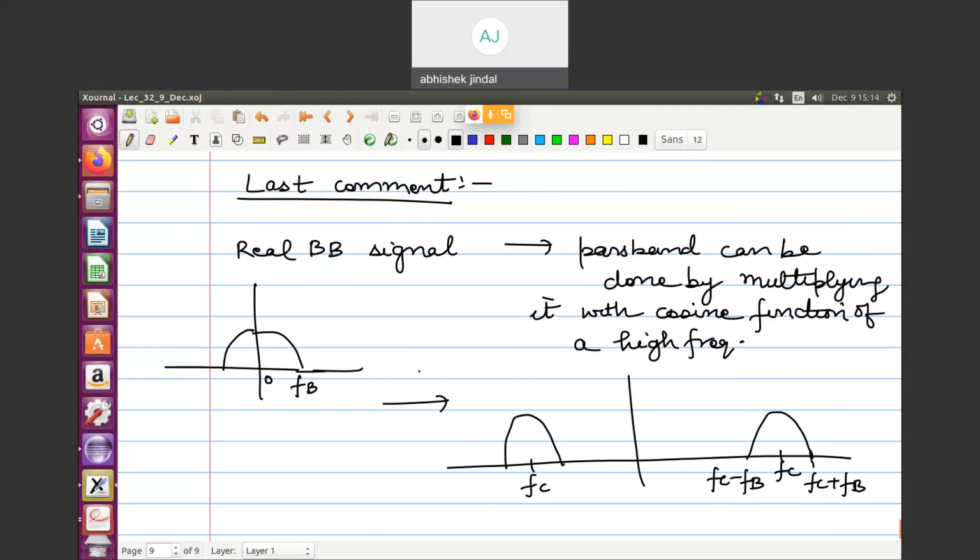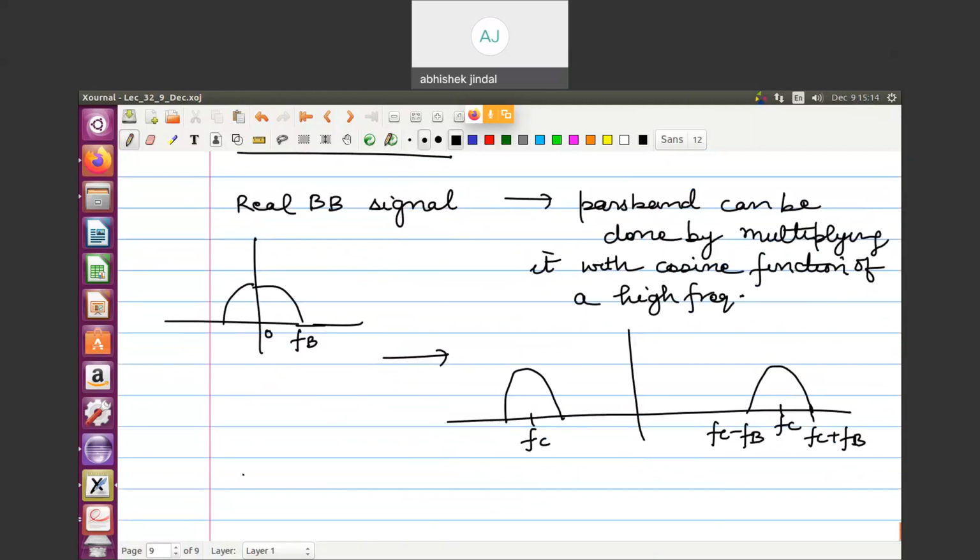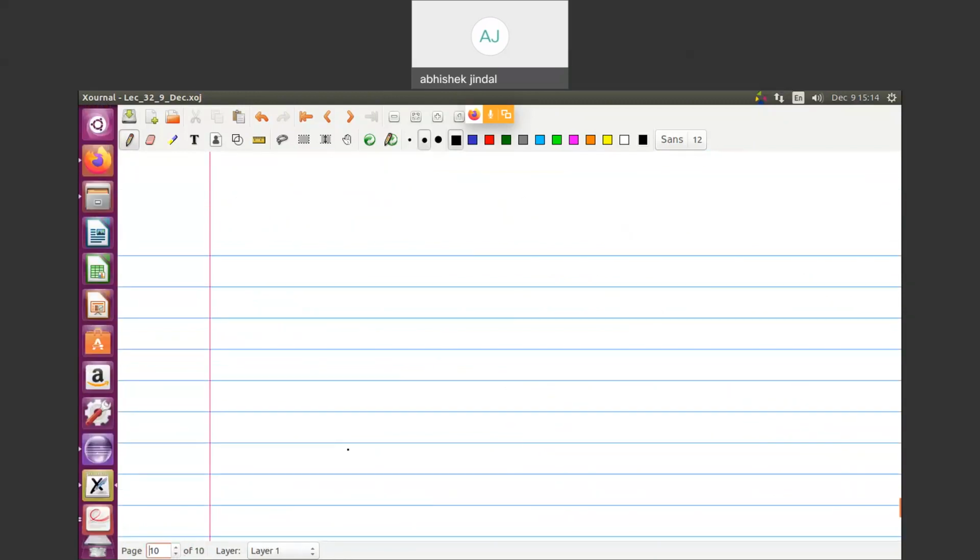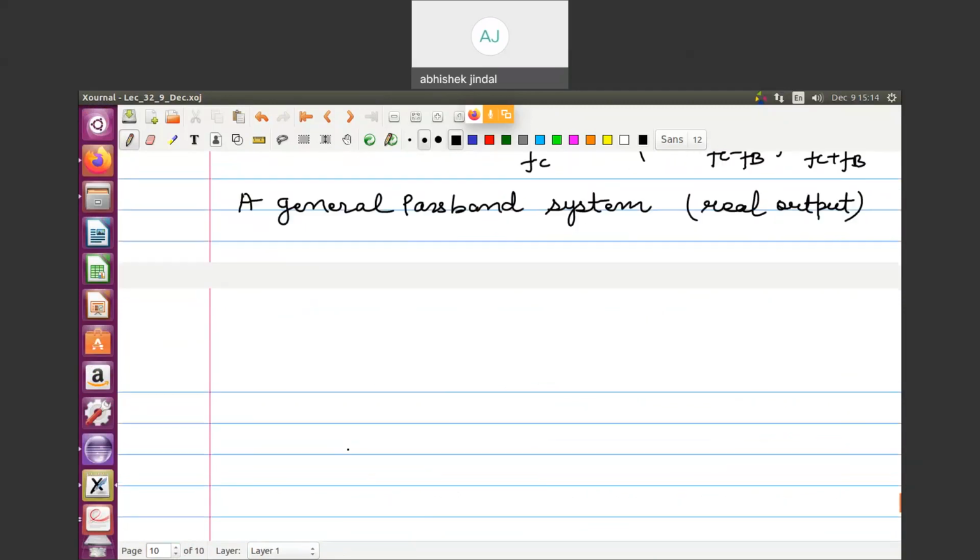But what about a general passband system? See, everything cannot be baseband. There can be devices and things which emit frequencies only in a band. So a general passband system, that too with real output, because that will exist in reality. There are a lot of systems which won't have a zero DC frequency, or will have most of the content in some higher range.